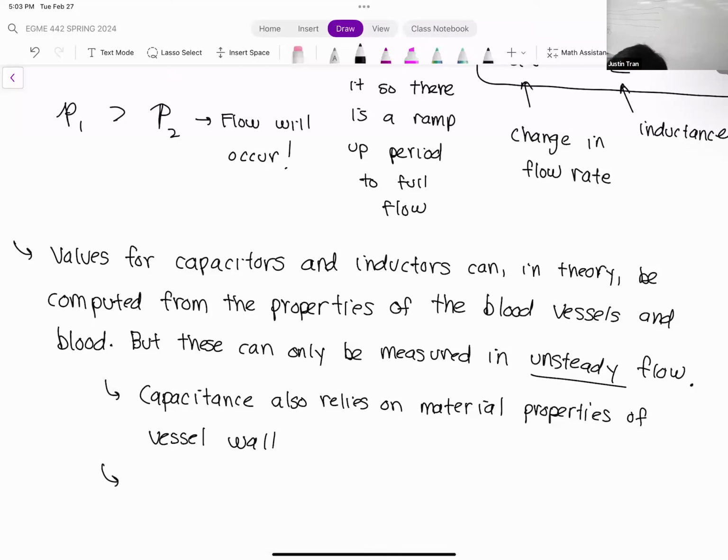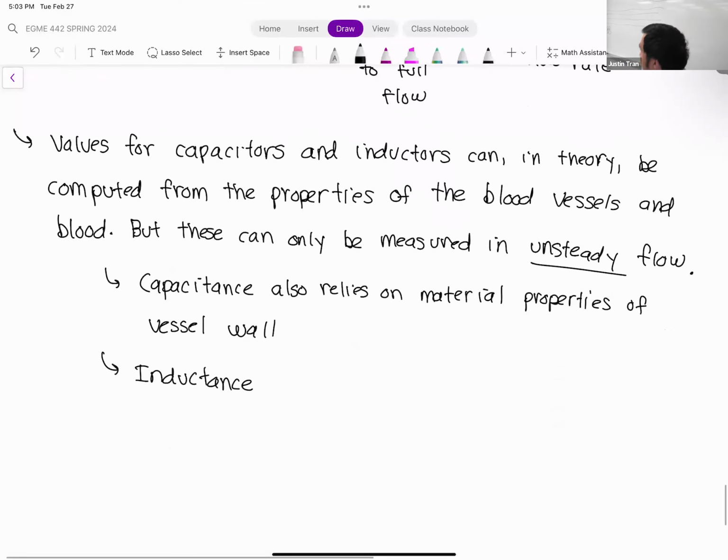For the inductance, it has the challenge of being mostly an unsteady fluid phenomenon, and so the inductance is also reliant on things like flow patterns and the velocity field.